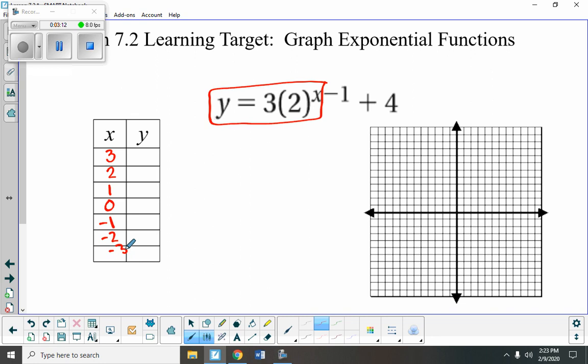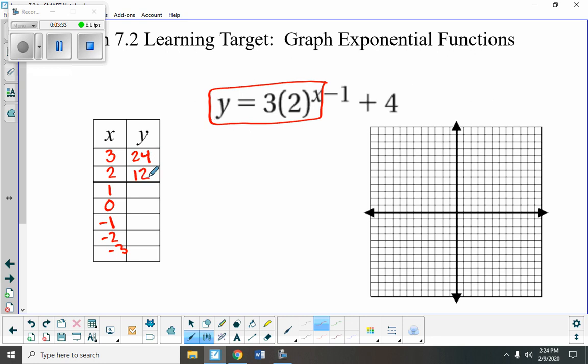It works really well to type that equation into a calculator. The TI-30 works great for this. 3 times 2 to the third is 24. Then you can just arrow up and change the exponent to a 2, and you get 12.